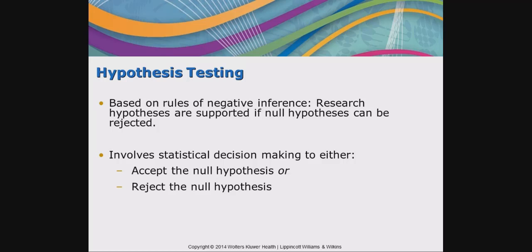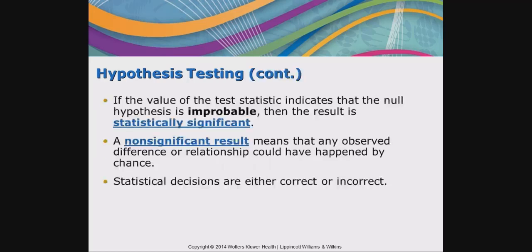Remember, all inferential statistical tests are based on the assumption that there is no difference, no relationship, or no correlation between variables. So, remember that thought, and hopefully this will make sense to you.